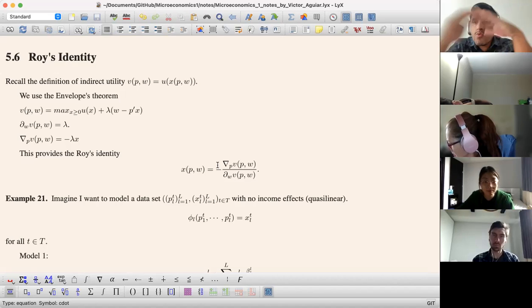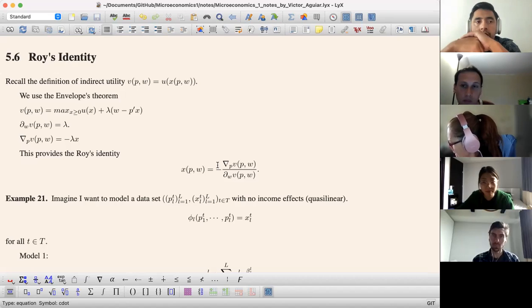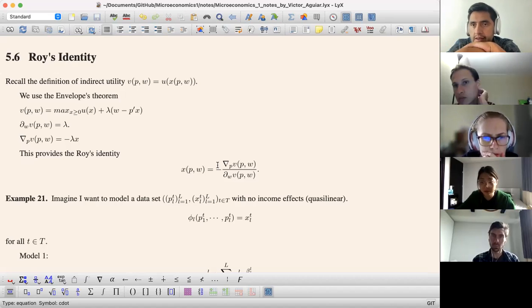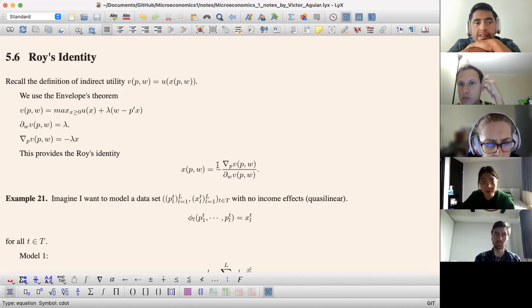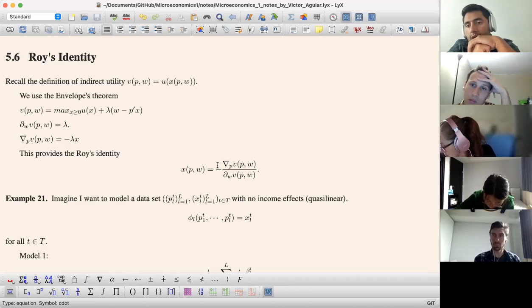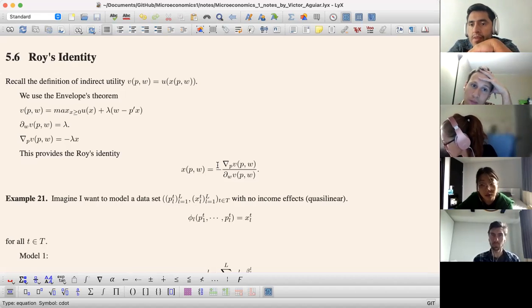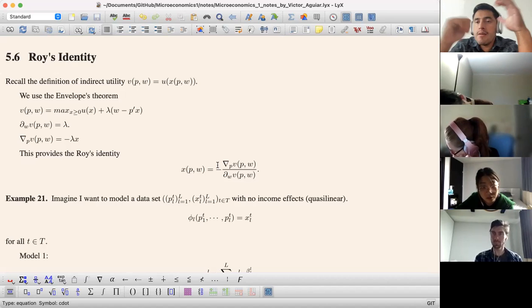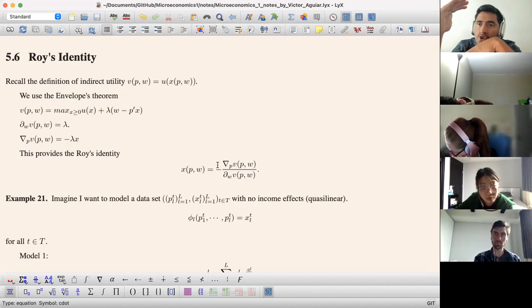Now, as we progress through this chapter, there is this famous Roy's identity. The Roy's identity is yet another face of rationality. And this face is very interesting because it's more of an econometrics face. Right now, and we discussed this in the summer, I mentioned that a way to understand completeness and transitivity is that you can project any complex choice element into a real line.